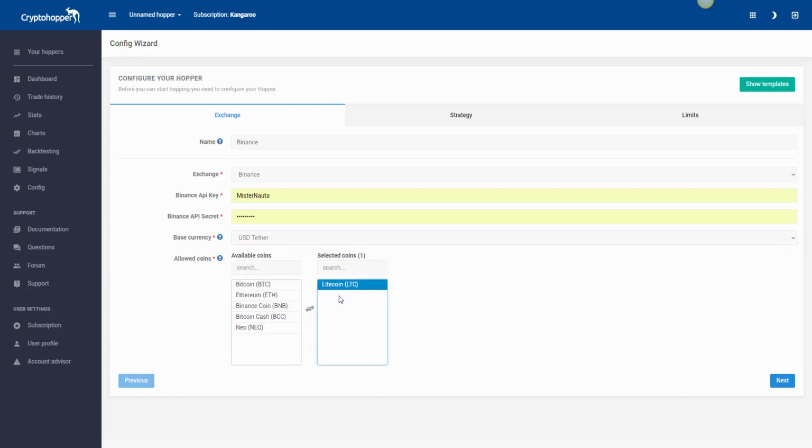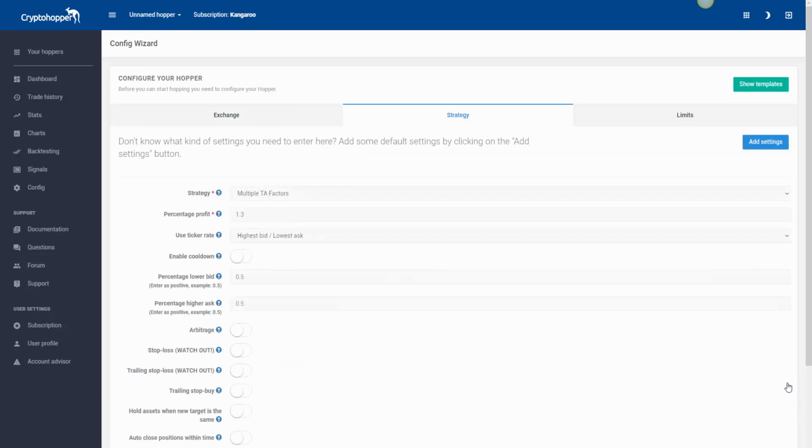And I will choose Neo and Binance Coin as my coins for now, okay? And I will go next here. It's not going to work because I didn't place my API keys, of course.